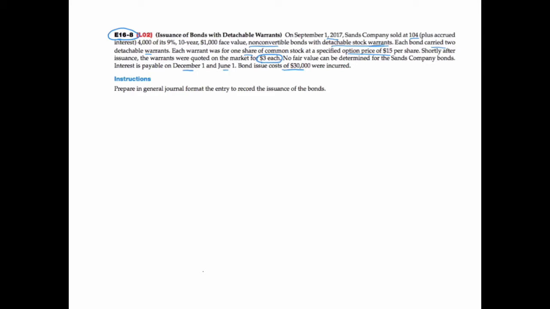So the first thing we have to do is prepare this general journal entry to record the issuance of the bonds. This is going to be on September 1, 2017, and we're going to have cash coming in.